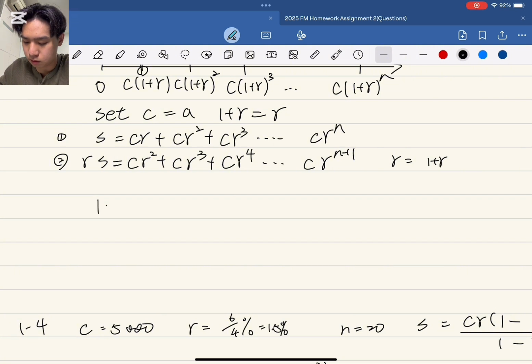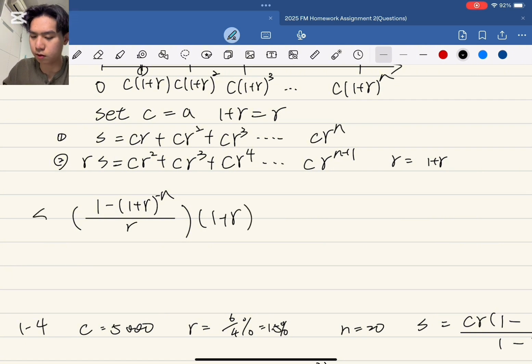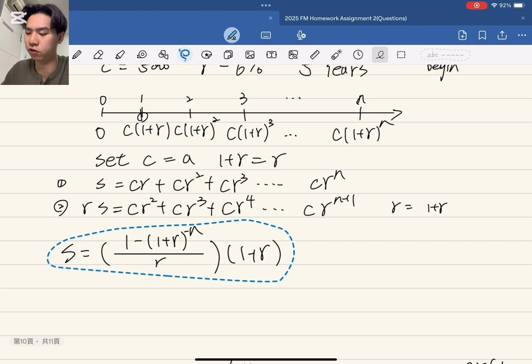One minus 1 plus R raised to the power of minus n, divided by R. With the summation, because this is the first day we get the money, we will multiply 1 plus R again. This is the summation of every number on the number line.